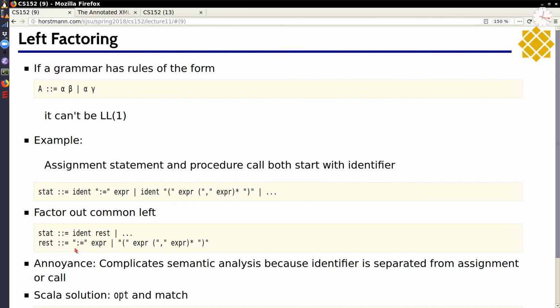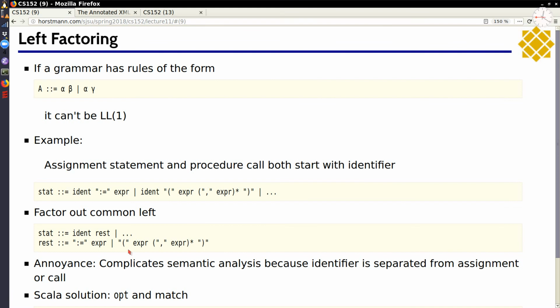We say a rest is either a colon equal expression or it's a parenthesis followed by expressions. Now we are deterministic because when calling rest, by looking at the next token, it's very clear whether we're going to be using this rule or whether we're going to be using that rule. If the next token is a colon equal, then the first one applies. If the next token is a parenthesis, then the second one applies.